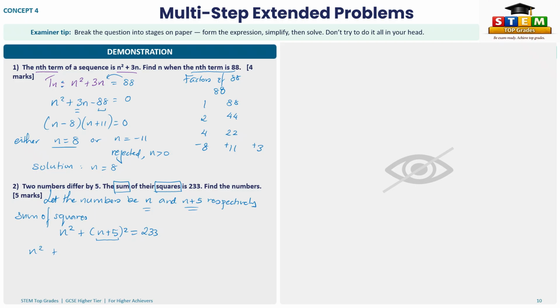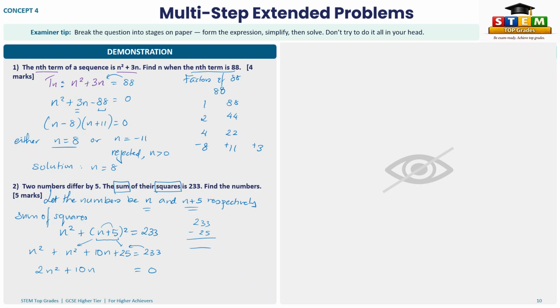So we square that first one, which gives me n squared, and then we double this, 5 times n, which is 5n, plus 2 times 5n is 10n, plus the square of that is 25, and then you got 233, which you're going to send onto the left hand side. So you're going to get 2n squared plus 10n, and 25 take away 233.